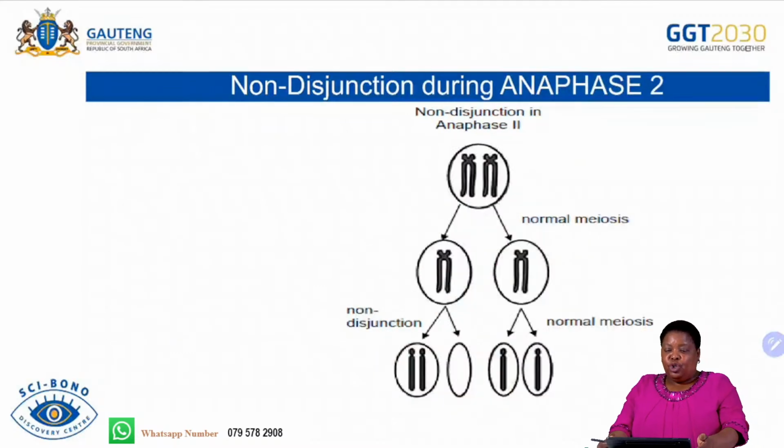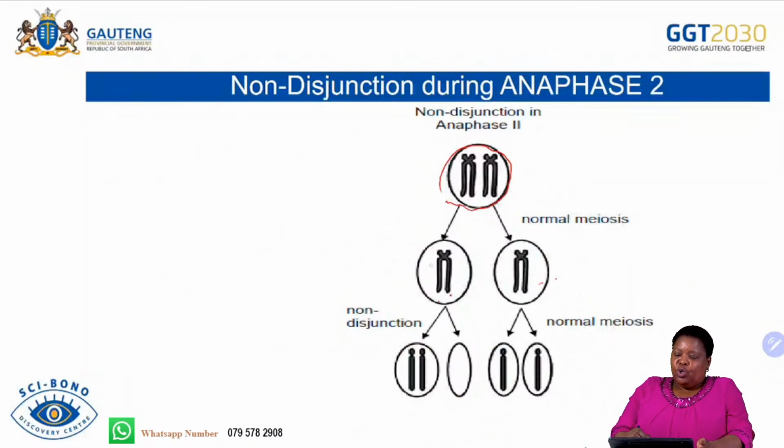Now non-disjunction in anaphase 2. The original cell will have diploid chromosomes, and it will divide through normal meiosis, whereby we know the haploid cells each have half the number of the original cell. So let's look at this haploid cell. Did separation of chromosomes happen?